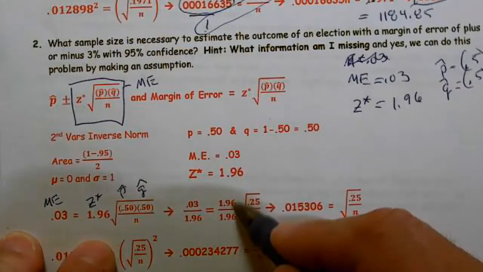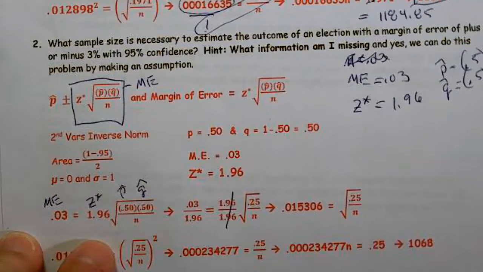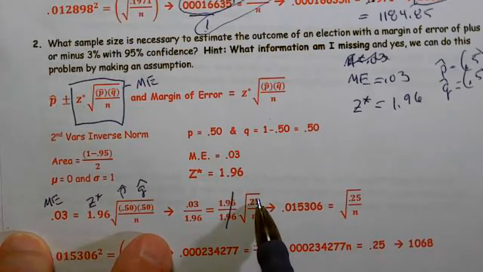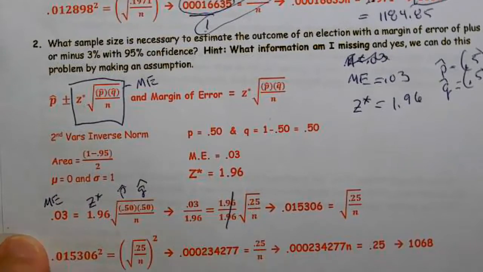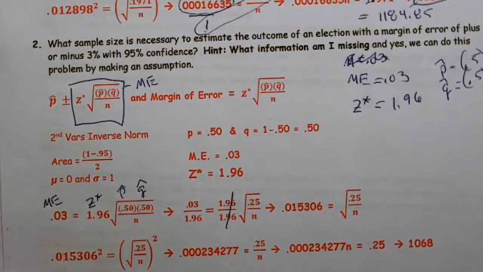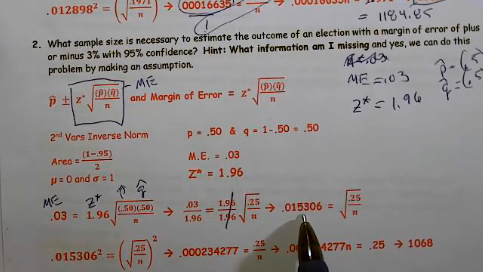I divide both sides by 1.96, so this drops off. 0.5 times 0.5 is 0.25. And then 0.03 divided by 1.96 is approximately this value. I'm going to square both sides.